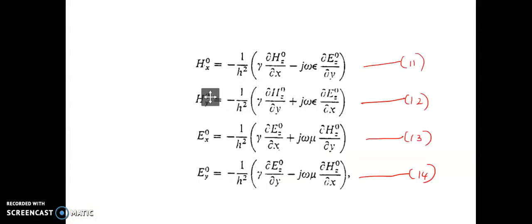But for a transverse electric wave, we know that Ez is zero, and therefore the equations 11, 12, 13 and 14 become this. So from this we can see that Ey equal to 0 implies Ey0 equal to 0, which is equal to jωμ by h² ∂Hz0/∂x.